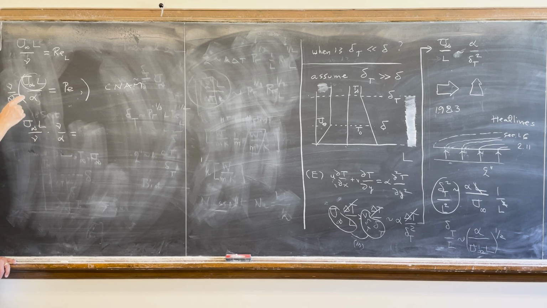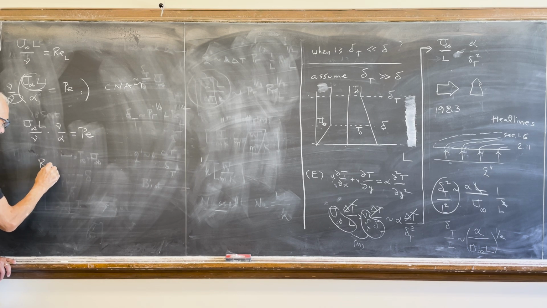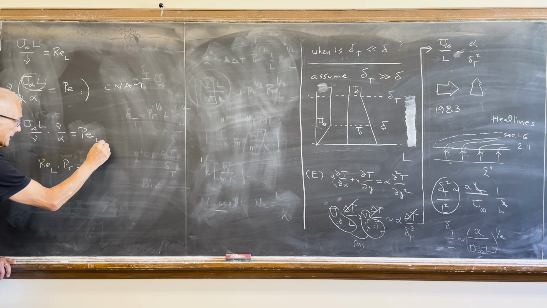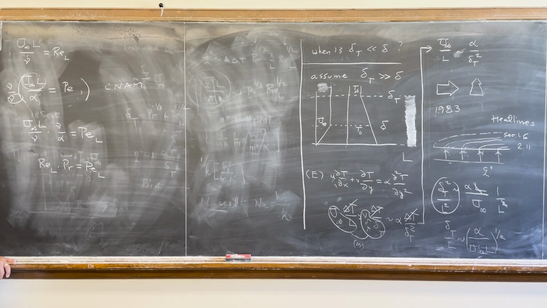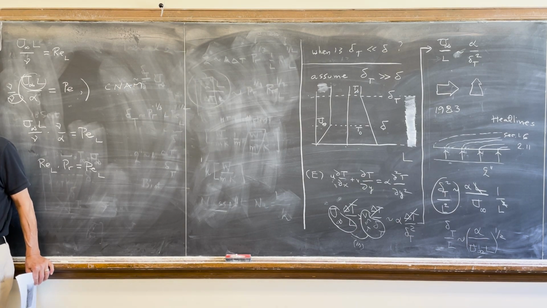I did nothing to this expression. So I discovered that the Peclet number is equal to the Reynolds number times the Prandtl number, equals Peclet based on the same length scale L. I go through these steps so that you have them down once and for all and not be scared of them.